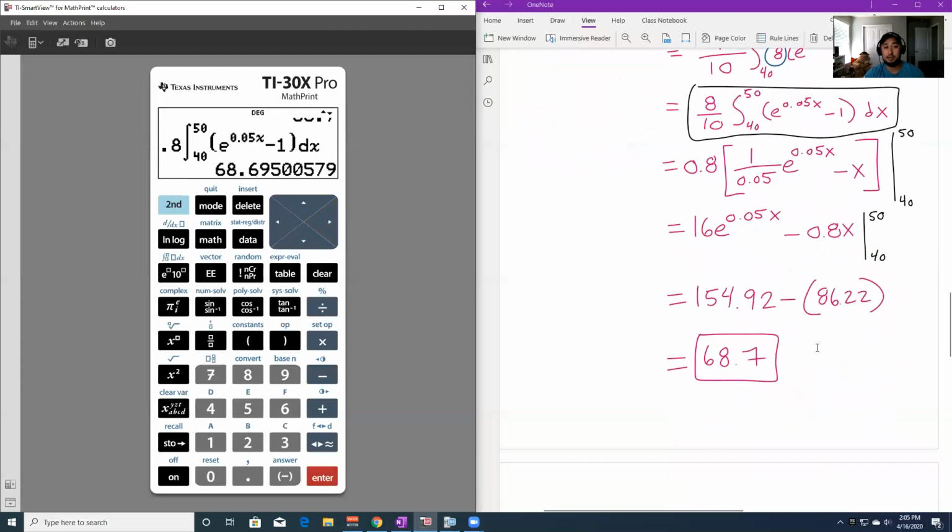Enter, cross fingers. 68.69. Ooh, so we are off by a couple change, which means it's a rounding error on probably my part. So this is the actual true answer here. So I could go back and check my table, and let's see.